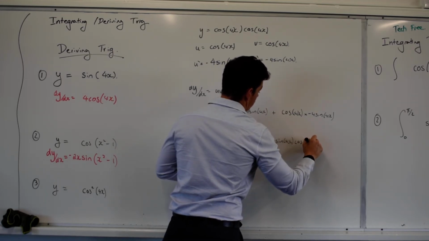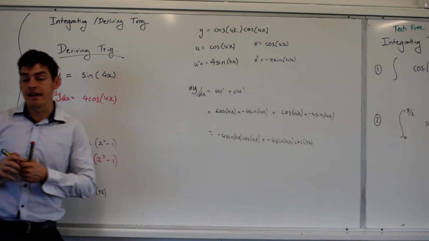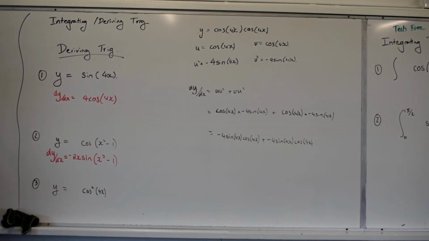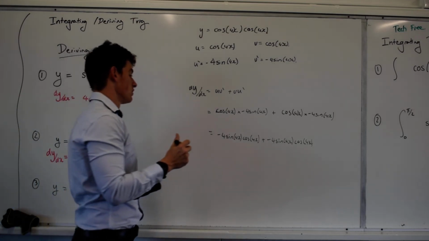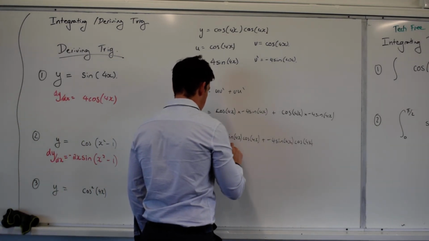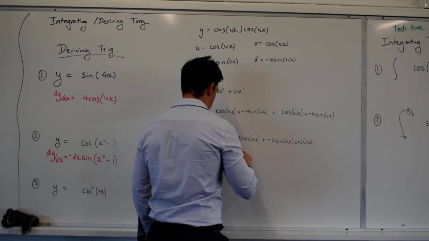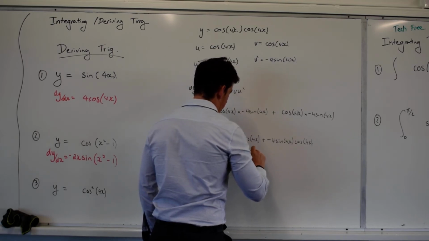Can I collect like terms here? Yes, because the things inside the brackets are the same and I've got the same number of cosines and sines, so it becomes negative 8 cos 4x sine 4x, doesn't matter the order.